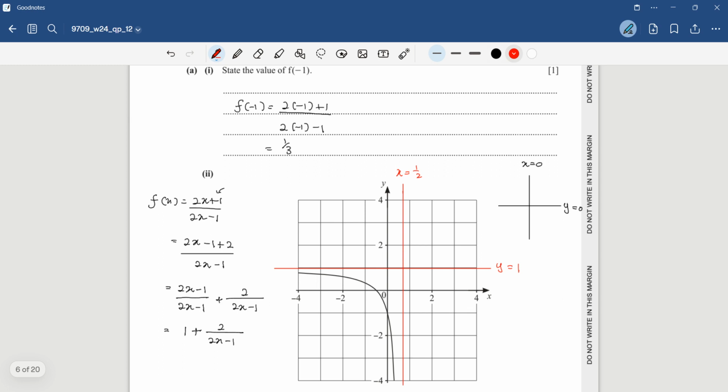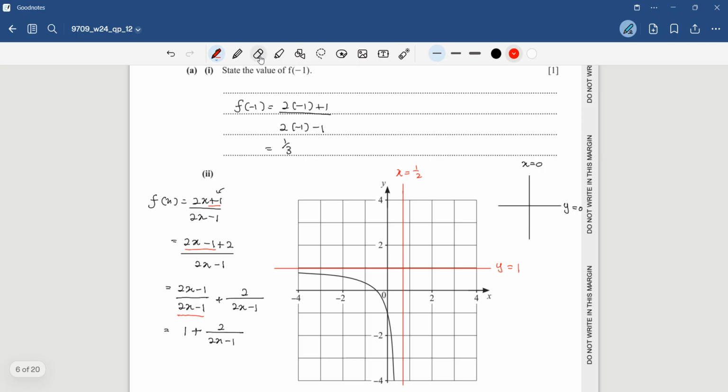Okay, this is the idea. Is that clear? So why did I put negative 1 plus 2? Because I want to break it to get something similar. In the denominator I have 2x minus 1, so I want the numerator to have something similar, 2x minus 1. But I cannot change the original question. So here is plus 1, and negative 1 plus 2 is plus 1. So I got something like this, and then I split them. So these will be my asymptotes.